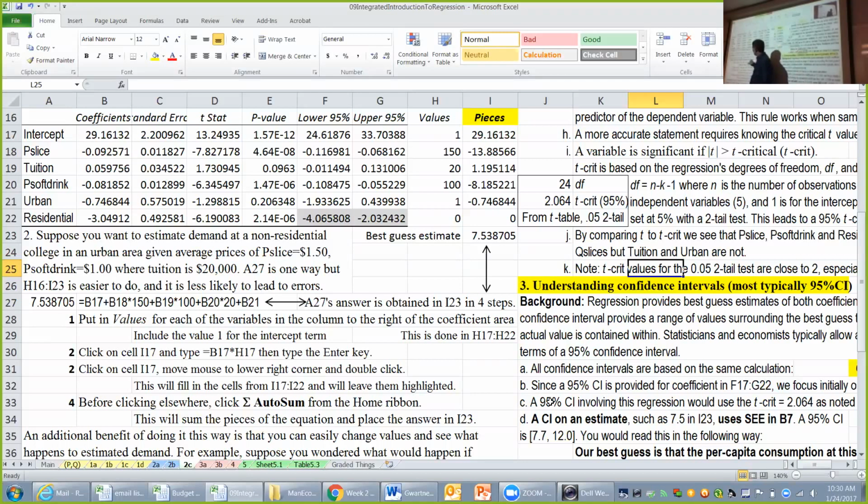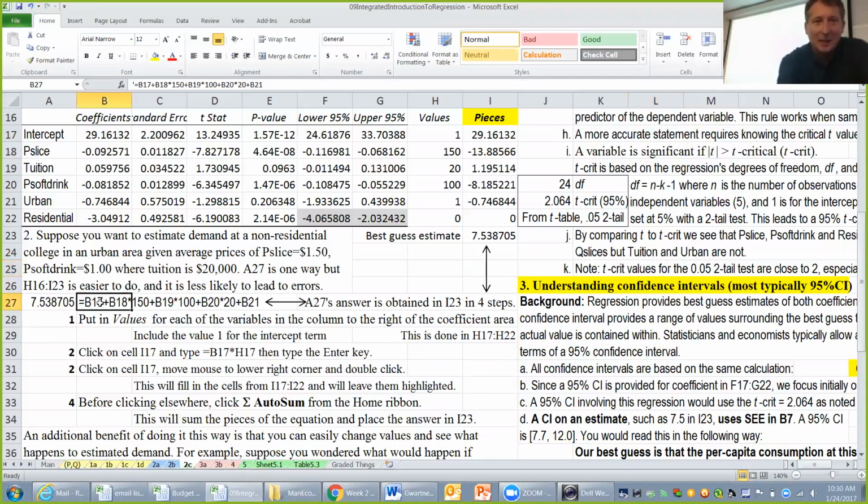And this is it. So the number of pieces of pizza is going to be equal to B17 plus B18 times 150. Sorry, I knew I screwed that up.